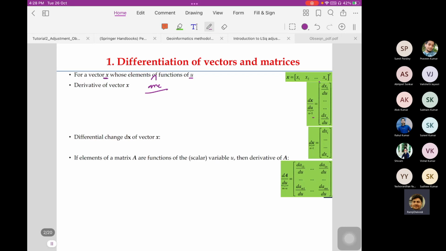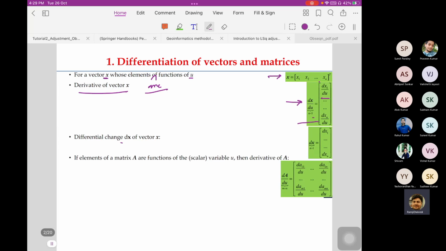Okay, so x is written like this, but when you write the partial derivative with respect to u, because they are functions of u, x1 is a function of u, like that. So you derive the whole x with respect to u. You will write dx1 by du, dx2 by du, dxn by du, similarly like that, isn't it?